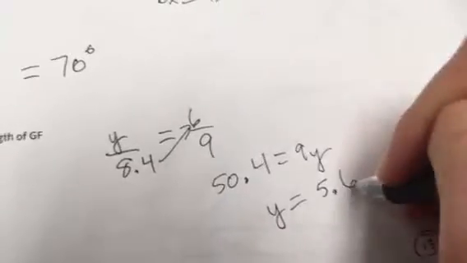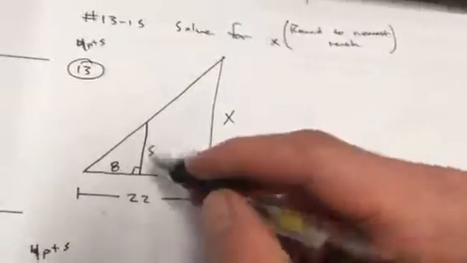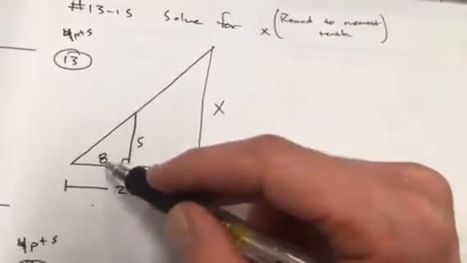In the past, that question has been missed, along with this one, too much. So be careful on that. And then lastly, I do have some more challenging ones from like 7.3. Solve for x, round to the nearest tenth if needed. We have a big triangle that is x and 22, and a smaller triangle that is 5 and 8.